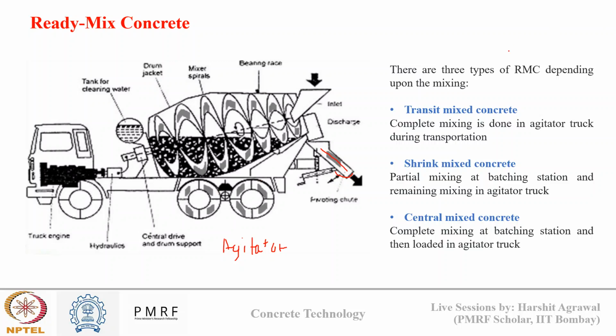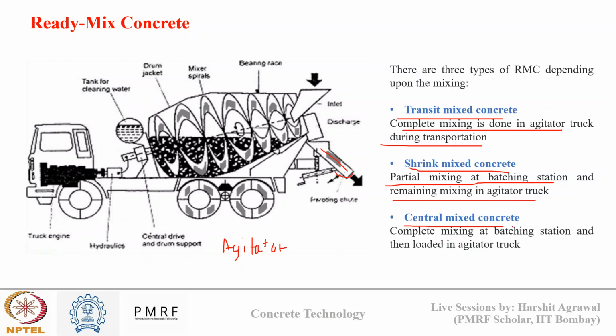Now, there can be three types of ready mix concrete based on the mixing operation. There is transit mixed concrete, where complete mixing is done in the agitator truck during transportation. There is shrink mixed concrete, where partial mixing is done at the batching station and the remaining mixing is done inside this truck.